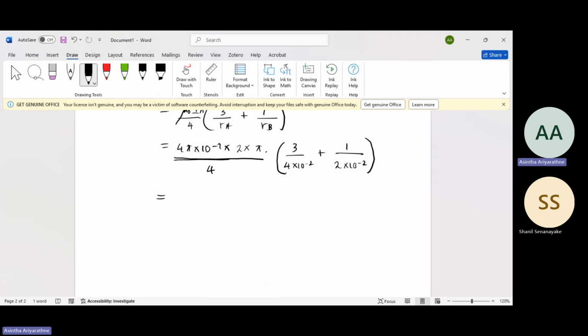Substituting, you get 2.46 or so into 10 to the power minus 4 Tesla.